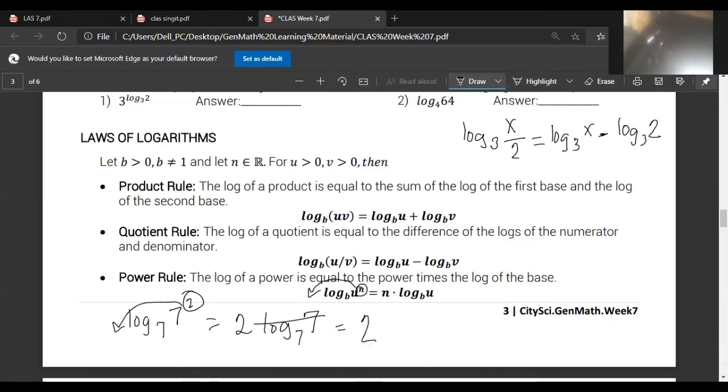So, 2 na lang. You need to remember all the basic properties and the laws of logarithm for you to apply that in solving exponential equations and simplifying those. Kailangan natin yan, class.